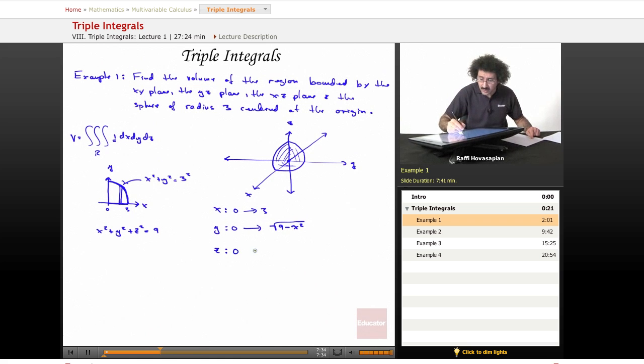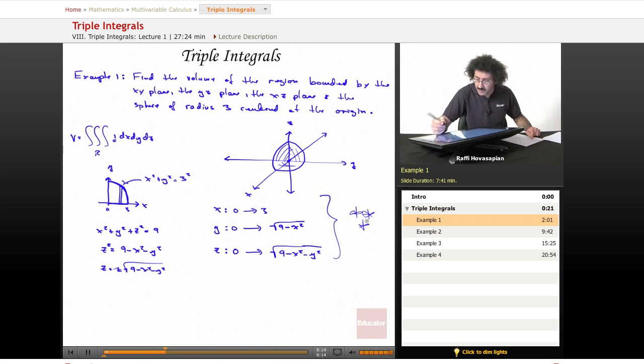It's going to be the lower limit of integration, and it's going to go all the way to, well, the sphere. z squared equals 9 minus x squared minus y squared, so z equals plus or minus the radical of 9 minus x squared minus y squared. I take the plus version because I don't want everything below the xy plane. I want everything above it because I go up. So it is going to be radical 9 minus x squared minus y squared.